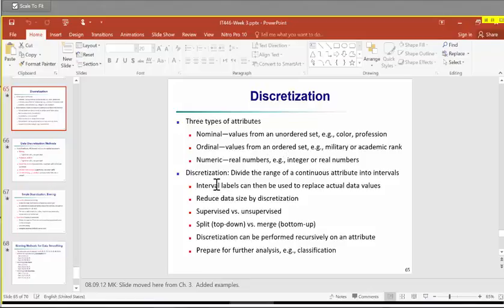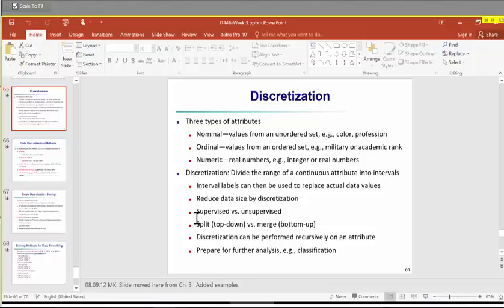Interval labels, or the sample labels, can then be used to replace the actual data values. So you can reduce data size by discretization, and it can be in the form of supervised or unsupervised discretization. It can be in the form of split and merge. For example, split is top-down and merge is bottom-up discretization.